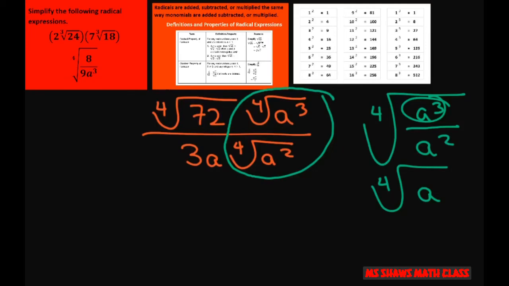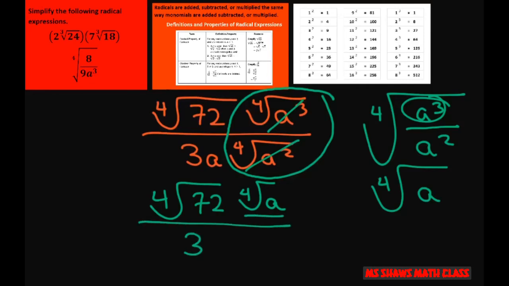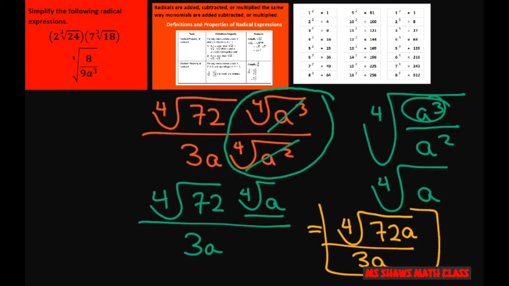So our final answer is going to be fourth root of 72 times fourth root of a. These would cancel out to this, divided by 3a. And finally, I'm going to put this all under the same radical. So it's fourth root of 72a divided by 3a. And that would be your final answer.